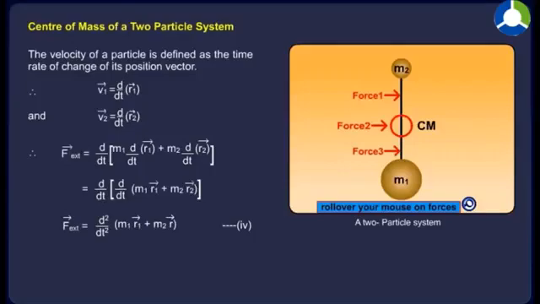This is equal to d/dt of d/dt (m1 r1 plus m2 r2). F external is equal to d squared upon dt squared of (m1 r1 plus m2 r2), equation 4.